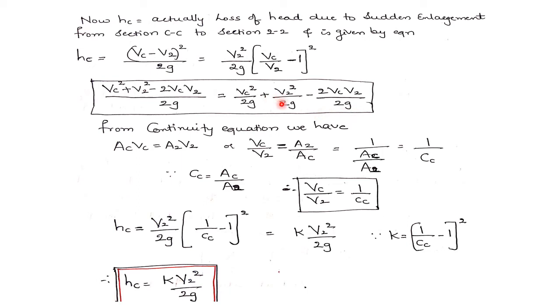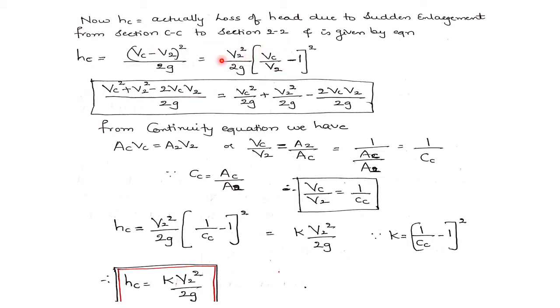From this, I have taken V2 square divided by 2g common, and in the bracket, this is (VC divided by V2 minus 1) whole bracket square. So if I simplify and multiply, I get the same equation in this form.